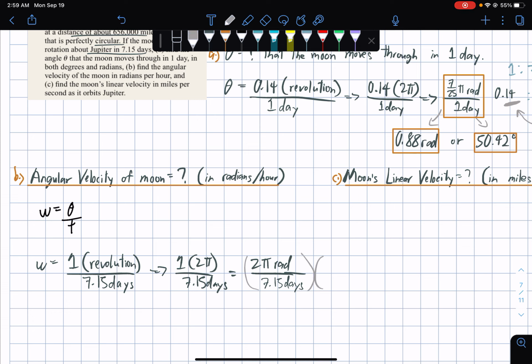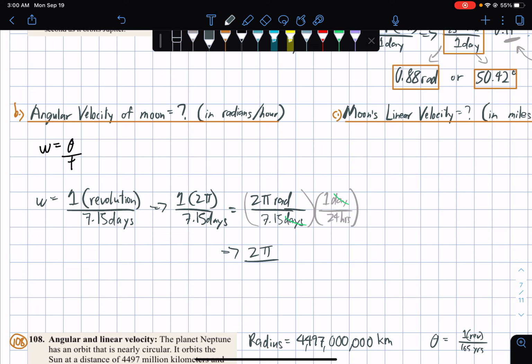Okay, put the values in the calculator. 2 pi over 7.15 times 1 over 24, we get 0.03661529899 or 0.04 rad per hour.